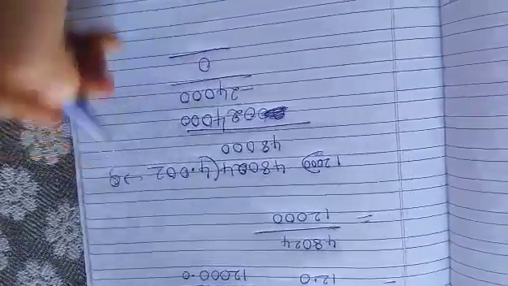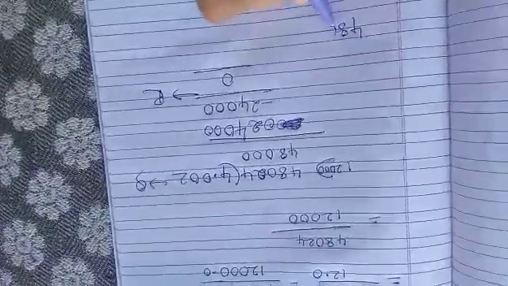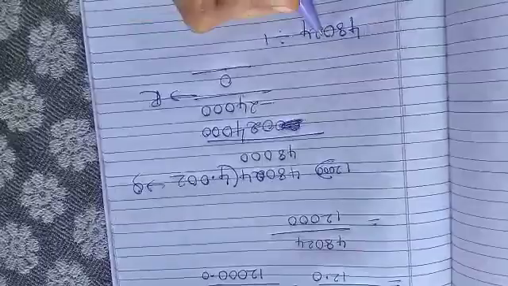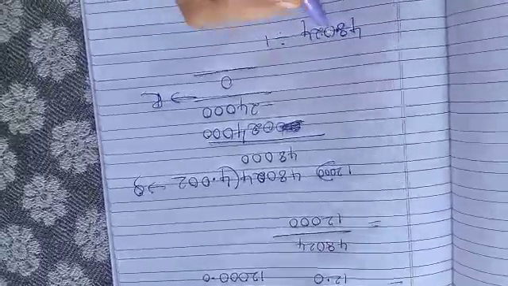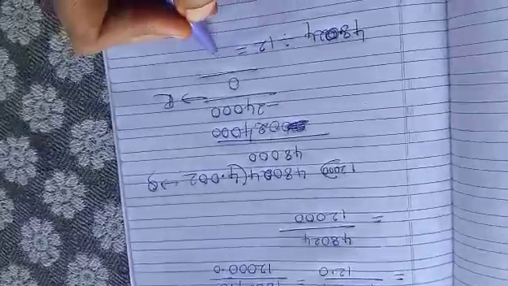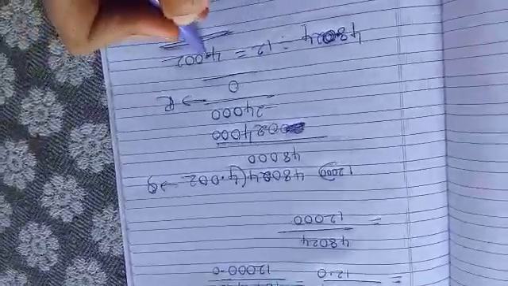This is the quotient and this is the remainder. Now we can write 48.024 divided by 12 is equal to 4.002. This is the answer.